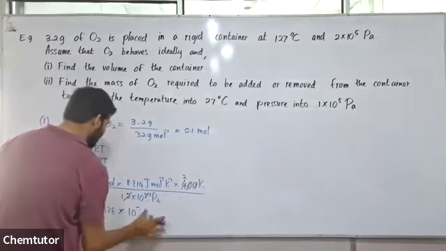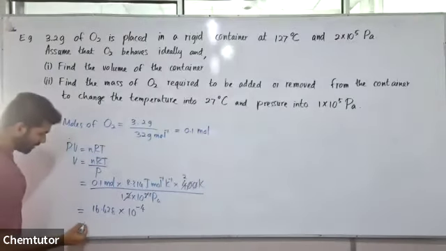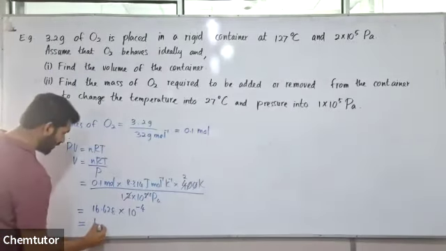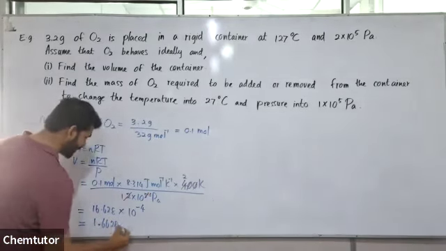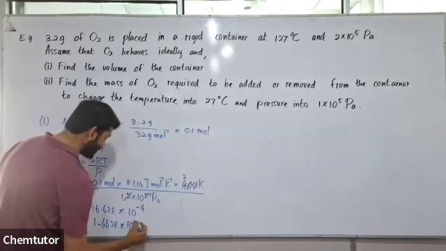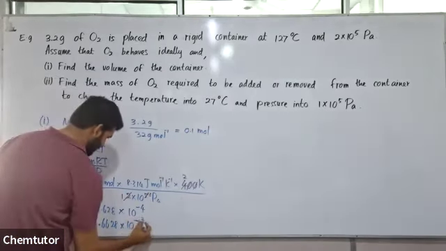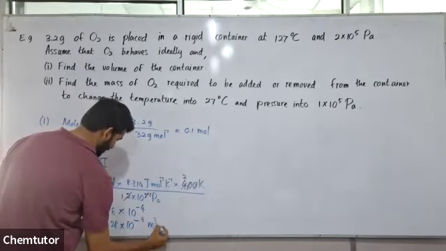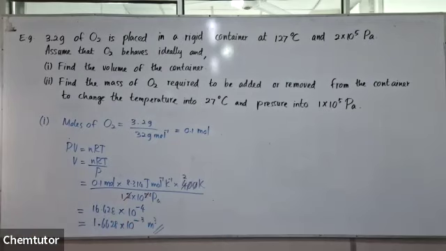Usually, when writing scientific notation, we place only one whole number before the decimal. So it will be 1.6628 into 10 to the power minus 3 cubic meters. That will be the volume of the gas, the volume of the container.